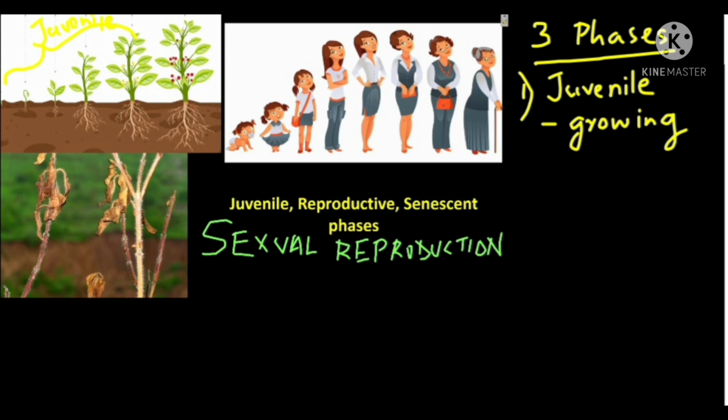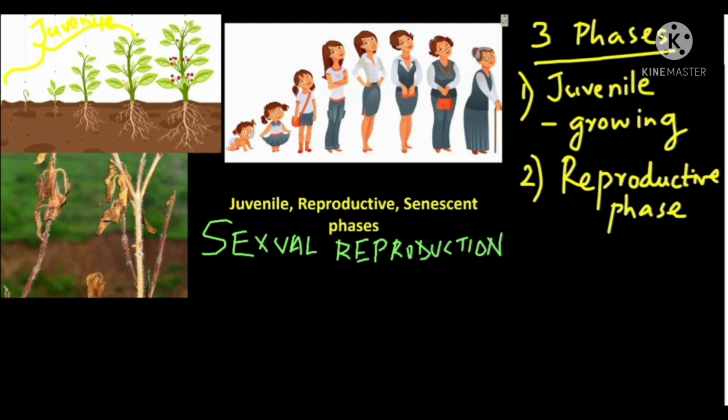That would be the second phase, which is called the reproductive phase. In the reproductive phase, their sex organs will develop. In plants, the stigma will become receptive and pollen grains will start to release; all these things happen in plants.